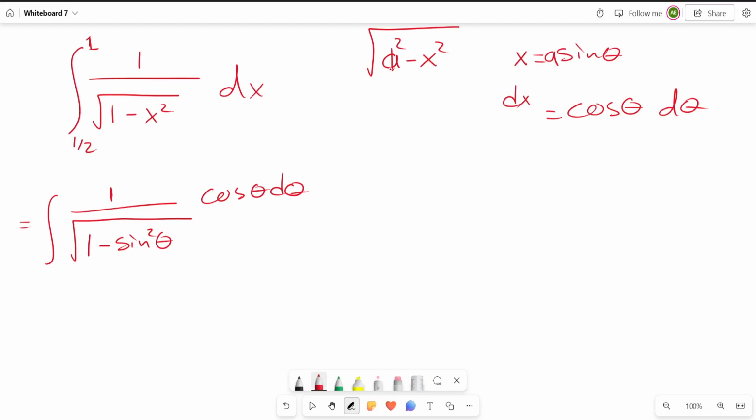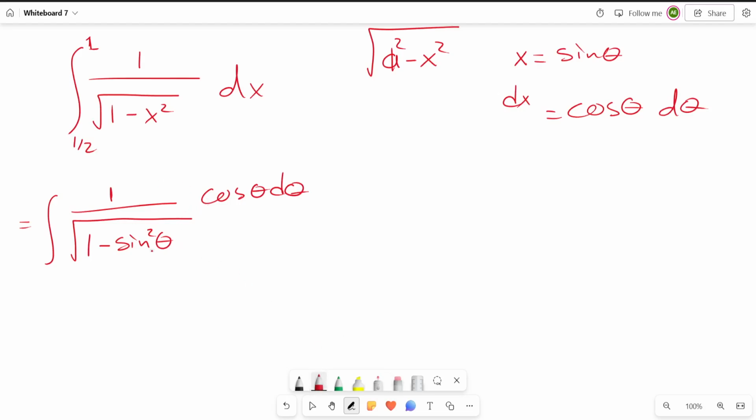So a squared here is basically this value. So a squared is 1, that makes a equals square root of 1, square rooting both sides. So a equals 1. So it's basically 1 times sine theta, or just sine theta. That's why I didn't include the a over here.